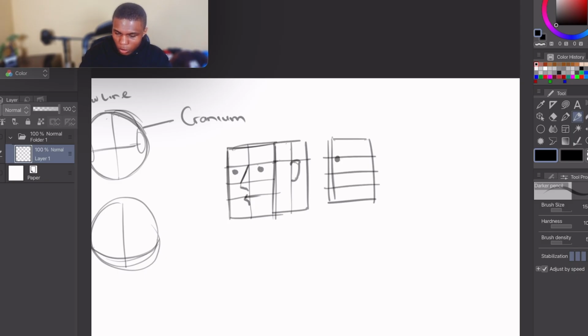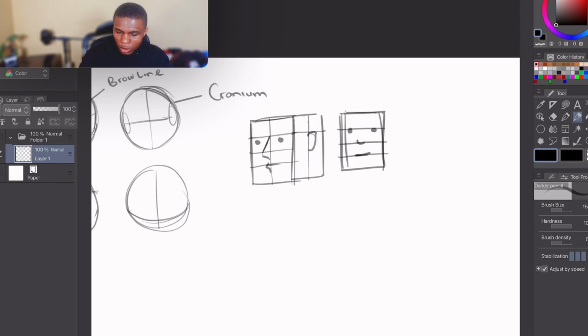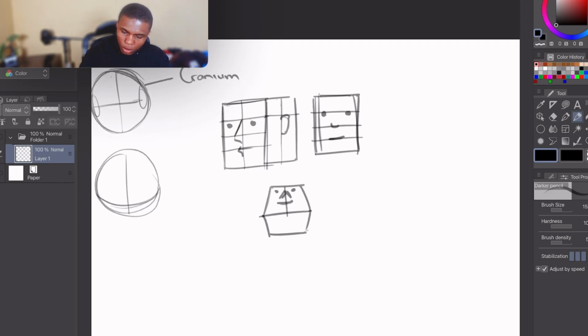Where you put your brow line and eyes, and you put your nose, and then you put your mouth. Side view, and then you could also do different angles as well. Your eyes, your nose, and then your mouth. And same here, your eyes, your nose, and then your mouth.